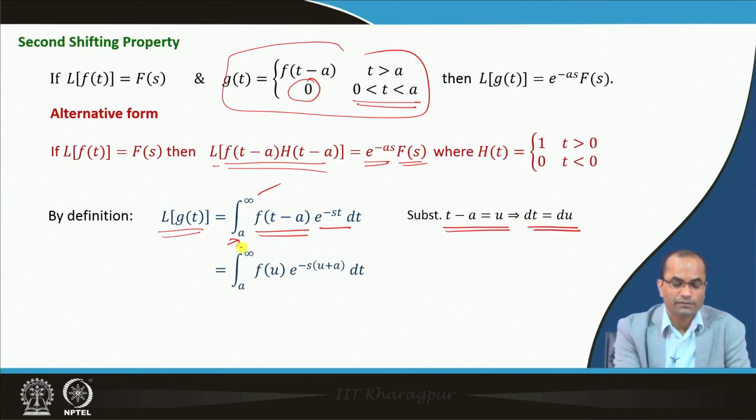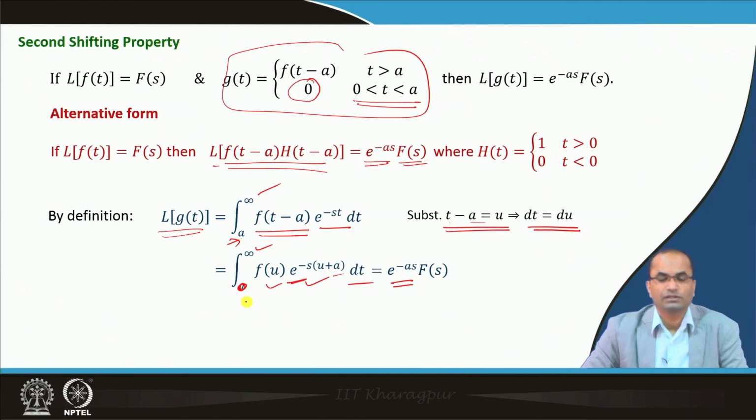When t is a, then u will become 0, and when t is infinity, u will also be infinity. Then we have f(u) and e to the power minus s(a plus u) du. Here e to the power minus a s we can bring out, and the remaining part is just F(s), the Laplace transform of f(t).